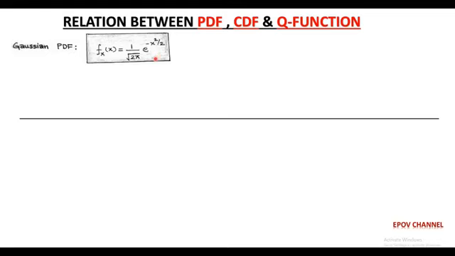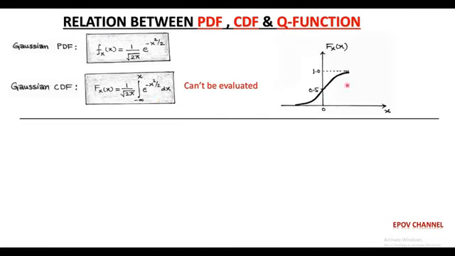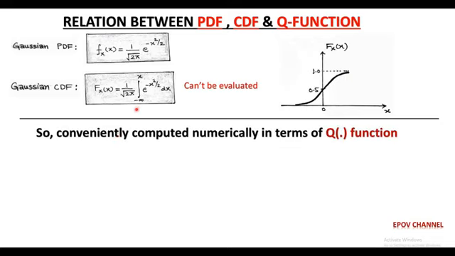So, using the Gaussian PDF, the Gaussian CDF is evaluated, that is capital F of x equals 1 upon under root 2 pi integration e to power minus x square by 2 into dx. Here we take a limit from minus infinity to x. But this integration cannot be evaluated as we get no finite result, that is shown in the figure. For this reason, we introduce a new function called the Q function. This Q function can be easily computed and gives a numerical value.